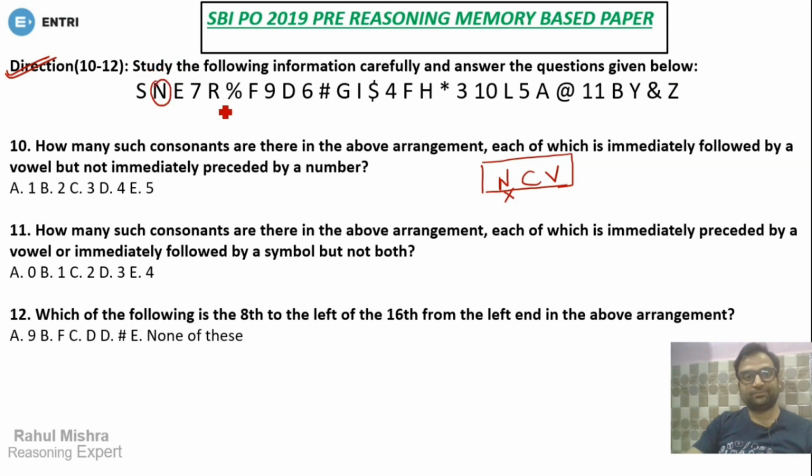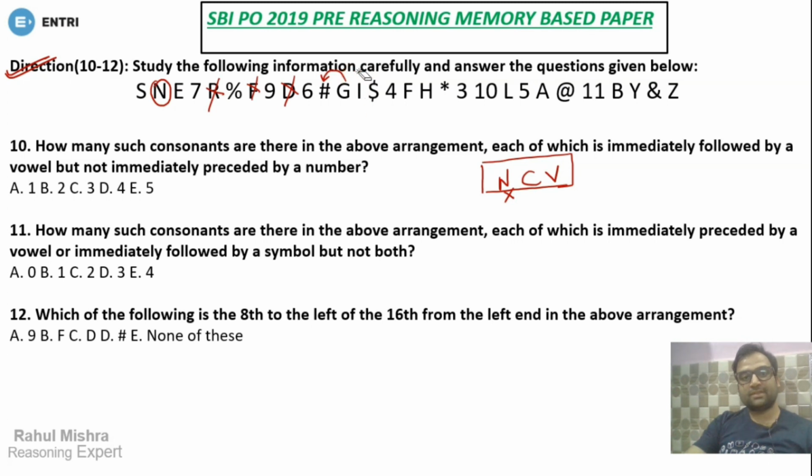So we got N. Now R is a consonant. Just after R, a symbol is there, but we need a vowel. So this is not following the pattern. F is a consonant. Just after F, a number is there, but we need a vowel. So again, this is not following the pattern. D is also not following the pattern. From G, just after G, a vowel is there, and just before G, a number is also not there.